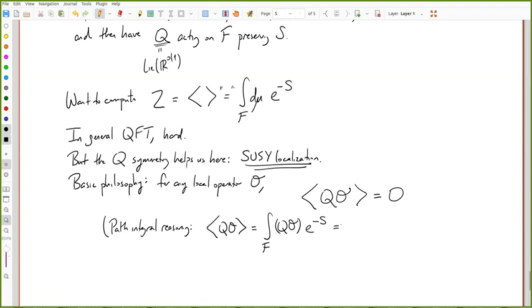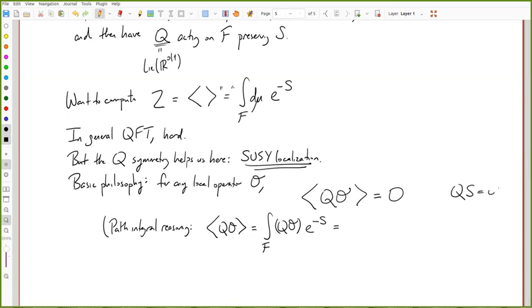Now, this Q is like an action of, okay, it's a super vector field, but the fact that it's super is not particularly important for actually most of this story. And in particular, it acts on functions obeying the usual Leibniz rule, the same as the action of an ordinary vector field would. And remember that the action S is invariant.